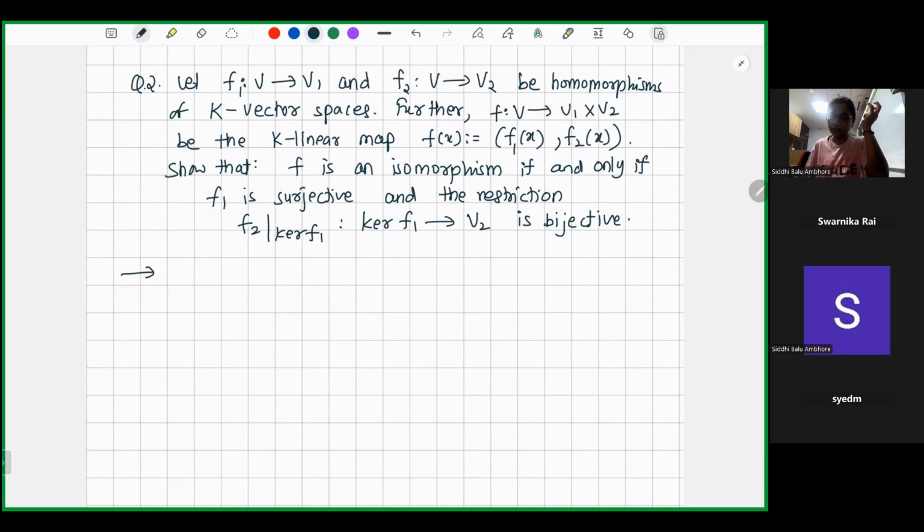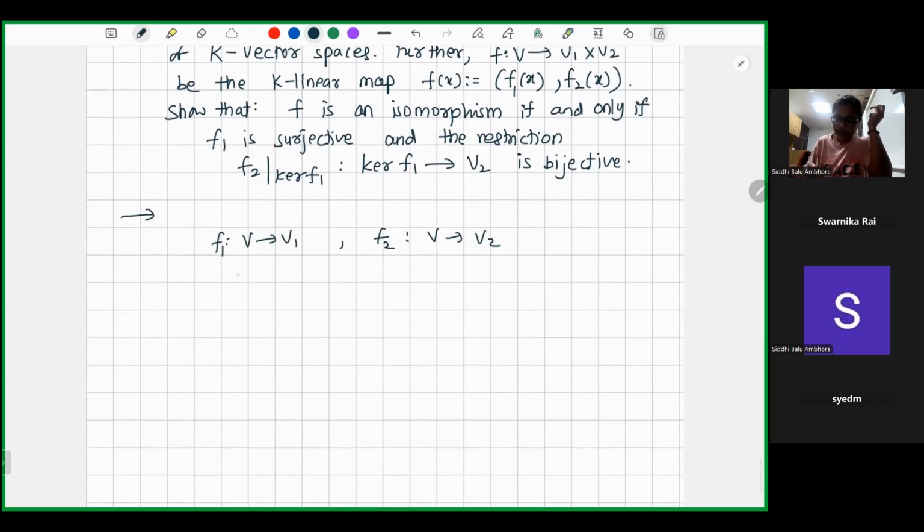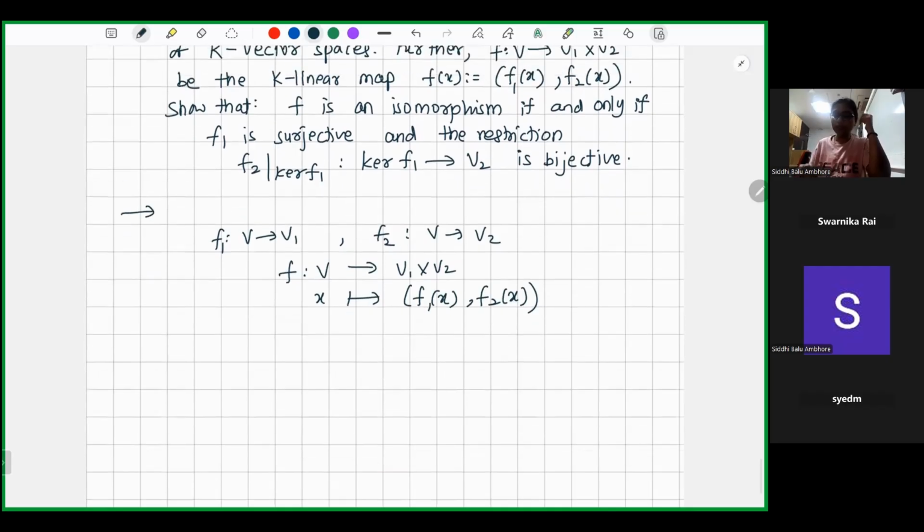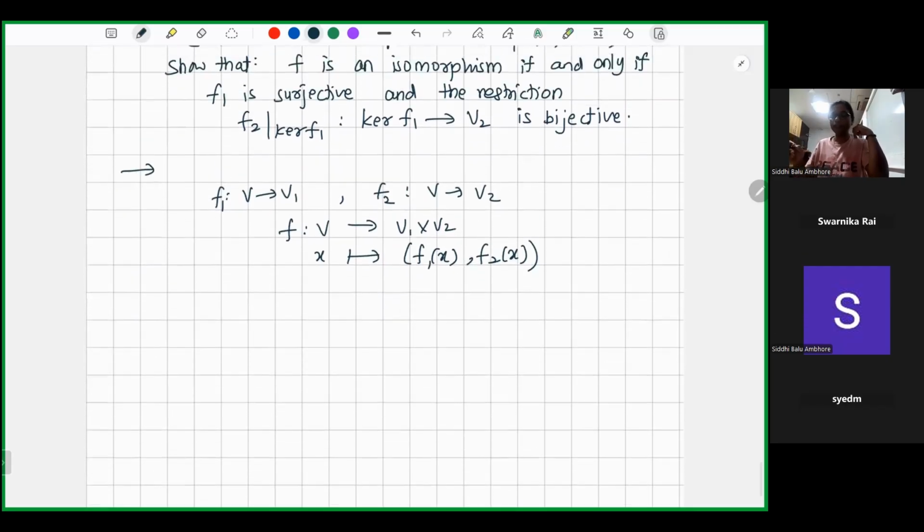And the map is defined like this. So F1 is from V to V1, F2 is from V to V2. And we have this new map F from V to V1 cross V2, such that x goes to (F1 of x, F2 of x). Okay, and we are given that this map is an isomorphism.